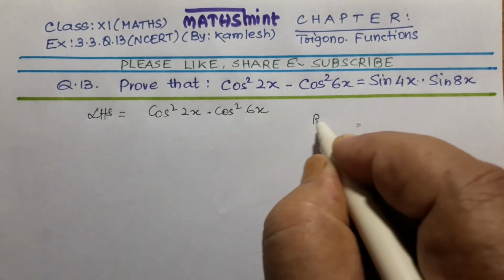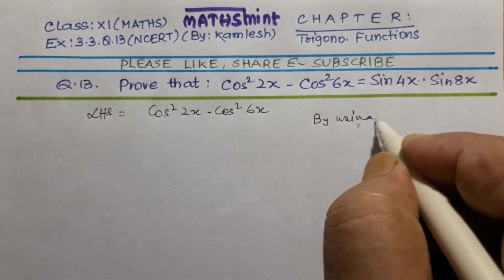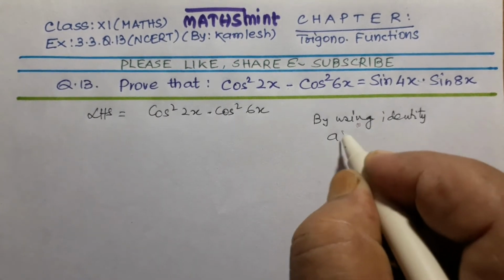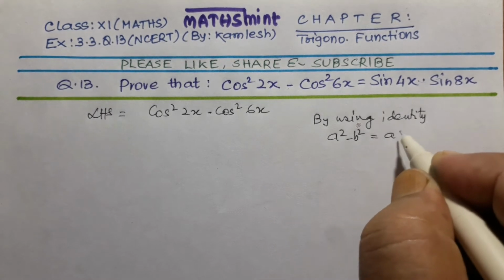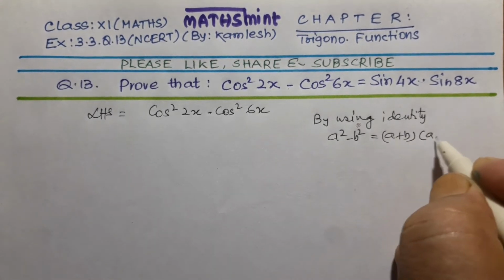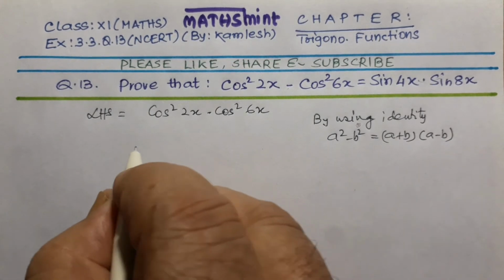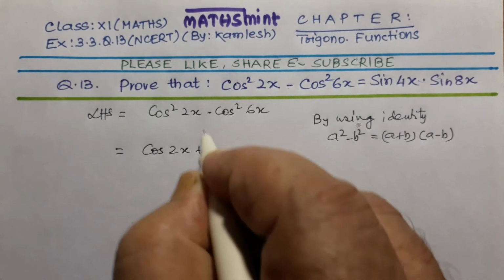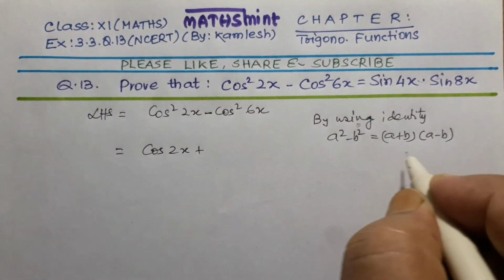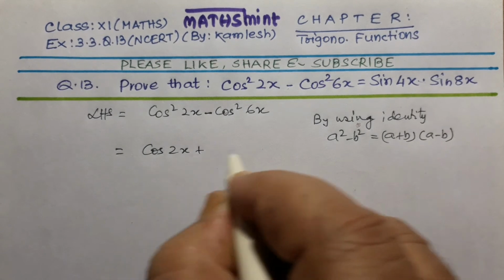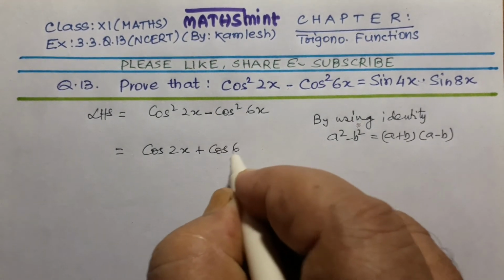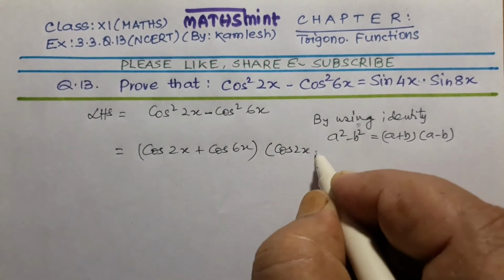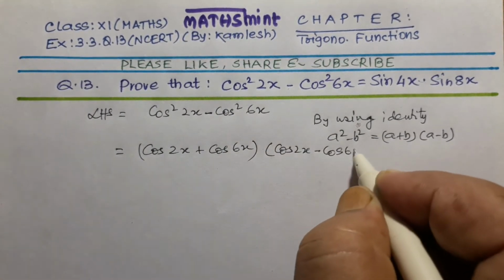For this, by using the identity a square minus b square equals a plus b into a minus b, we can write it as (cos 2x plus cos 6x) into (cos 2x minus cos 6x).